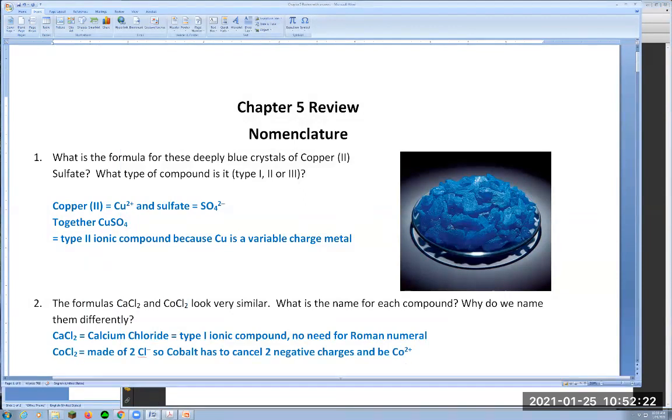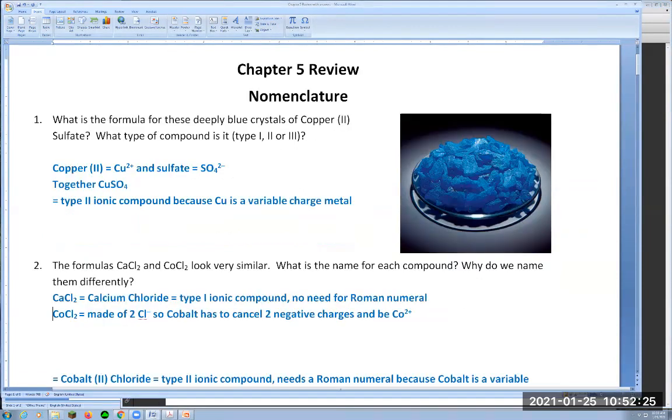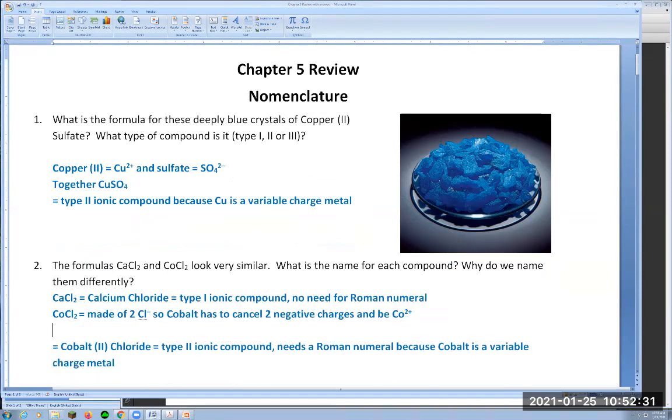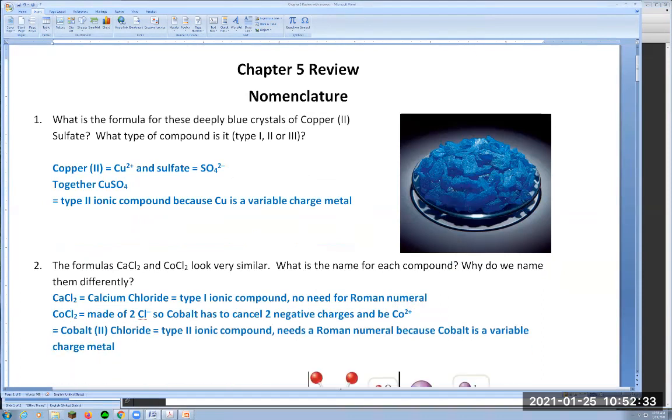Because it's made of 2 chloride. So that means in the name, we will have cobalt(II) chloride. Cobalt 2 to tell that we have the cobalt 2+ ion and then chloride.